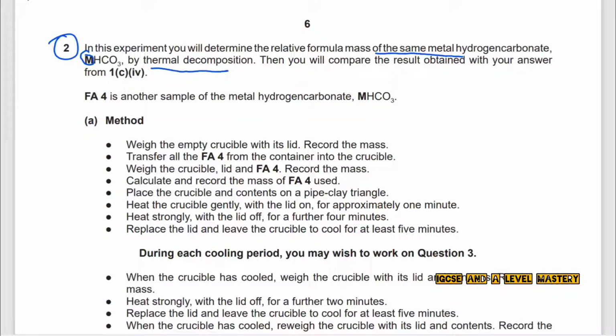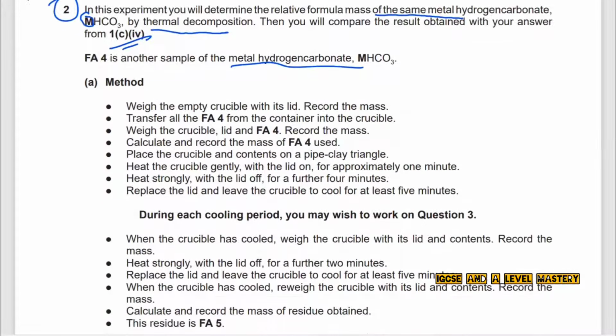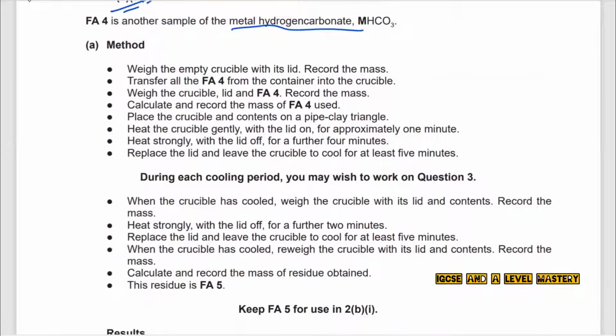So we are going to find the metal in the given salt, that is metal hydrogen carbonate, and then compare the results obtained with the first result. It's said that Fa4 is another sample of the metal hydrogen carbonate, MHCO3. So let's dive into the process.